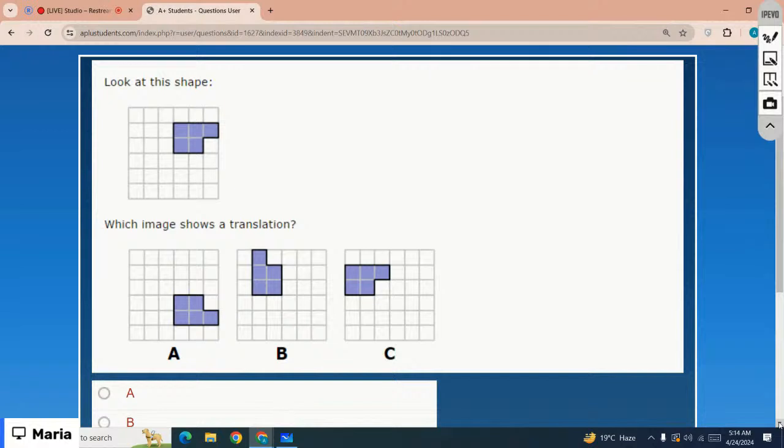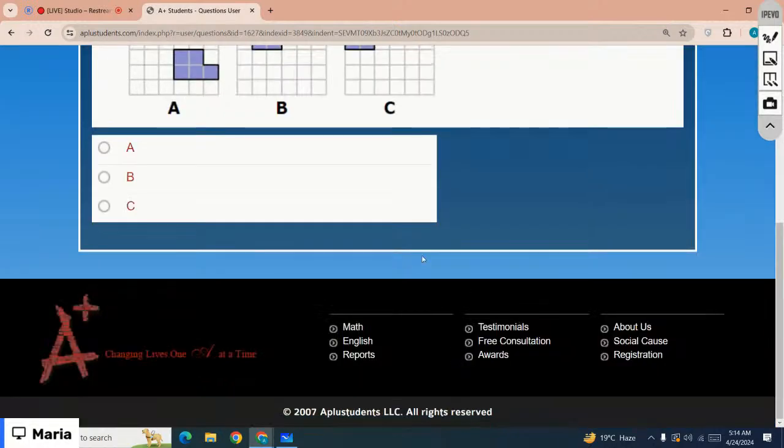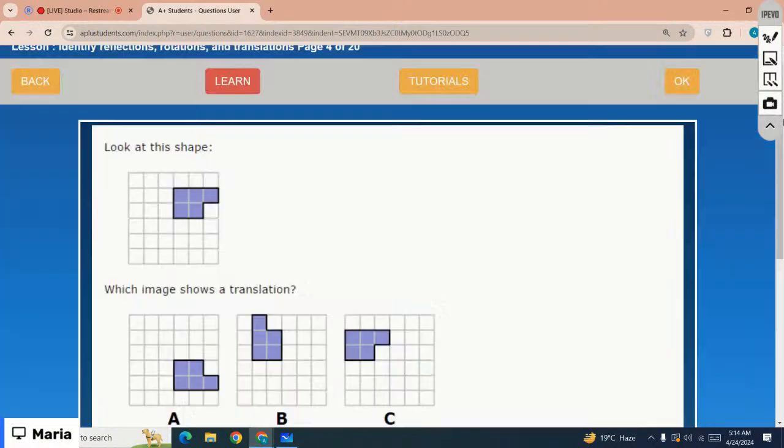Which is the correct option? A is the reflection, B is the rotation, and C is the translation. The correct option is C.